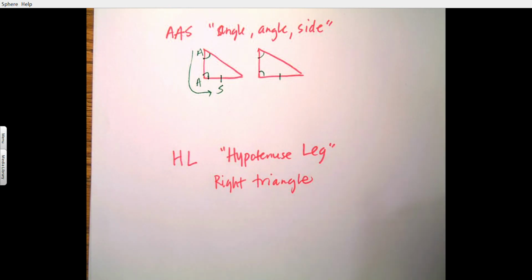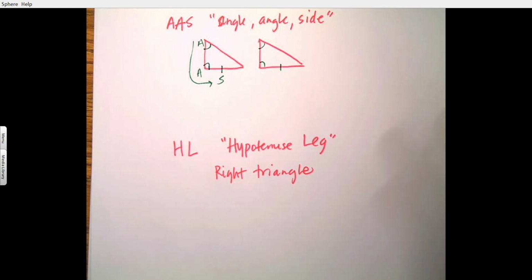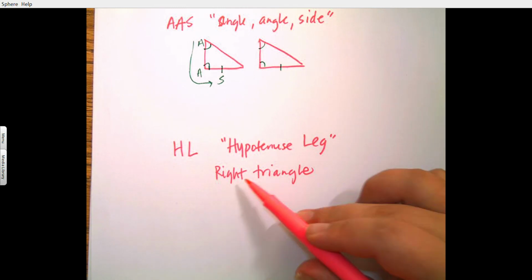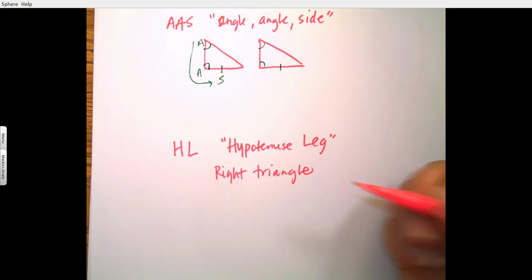And this is always like the end go-to. So once you go through side, side, side, side, angle, side, side, angle, side, angle, and all of the choices, hypotenuse leg is kind of at the end, and you have to have a right angle because it has to be a right triangle. Has to be.